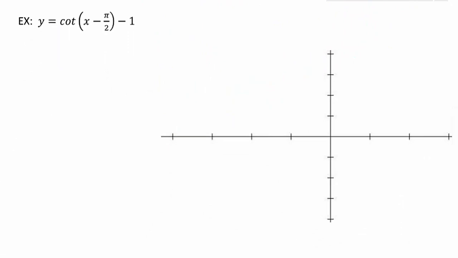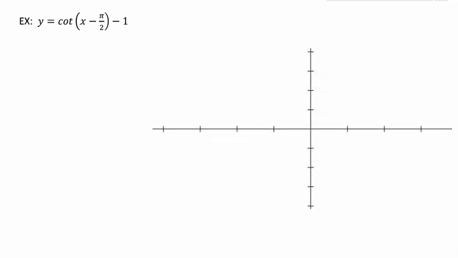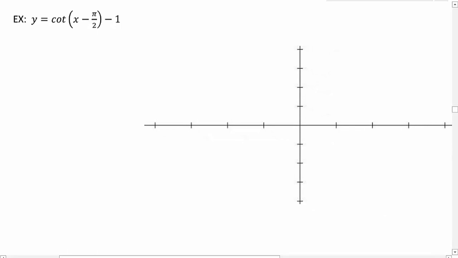Next, let's graph y equals cotangent of x minus pi over 2 minus 1. We can see right away that this one actually has 2 shifts. We've got the minus pi over 2 and the minus 1. A horizontal shift and a vertical shift. That means that we're going to have to draw 3 graphs here. I'm definitely going to write myself out a plan.